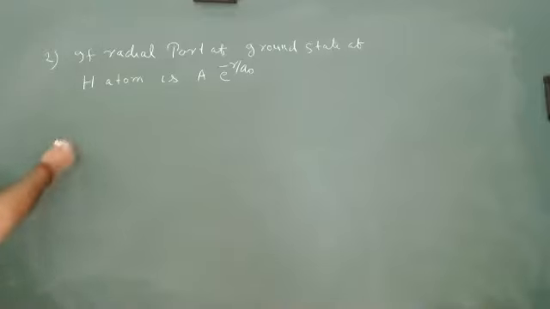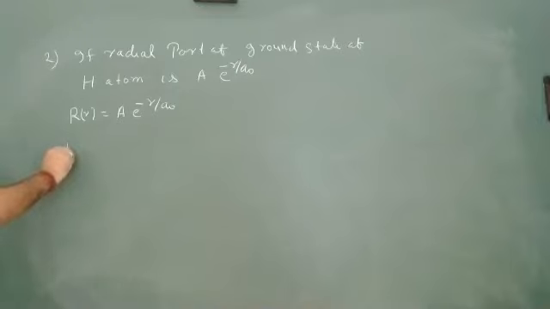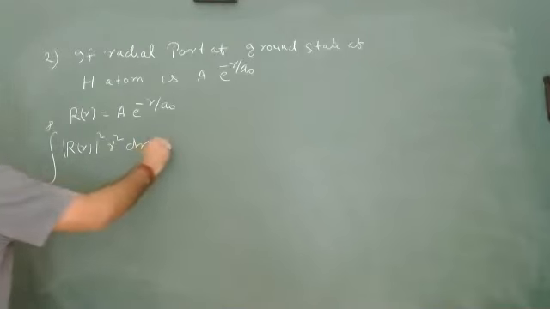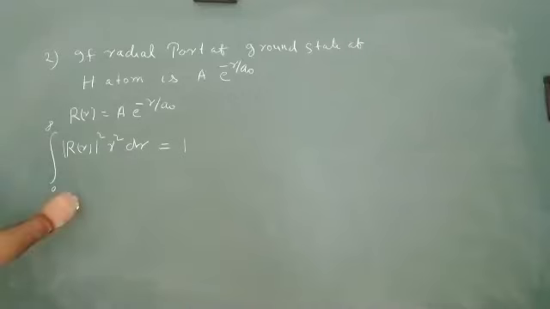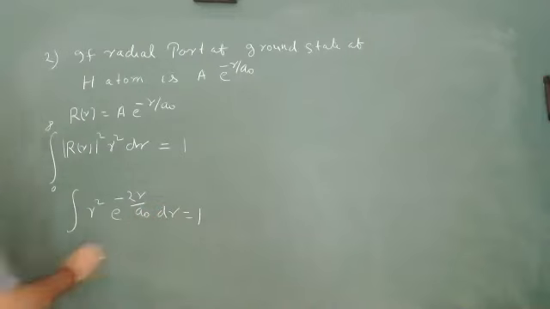So this is the radial part, A e to the power minus r upon a naught. For the normalization condition, you have to use the integral of mod R square r square dr from 0 to infinity. Remember in the last class, that must be equal to 1. So what will this integration be? It is mod A square times the integral of r square e to the power minus 2r upon a naught dr, from 0 to infinity, and this must be 1.